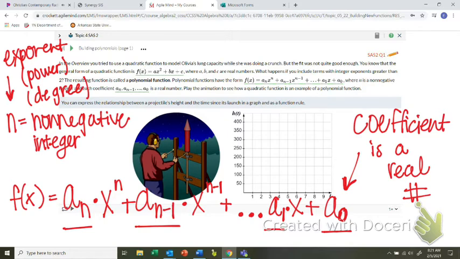Now, what do you notice? The a 0 does not have anything attached. It doesn't have anything to multiply by. It doesn't have a multiplication sign. It doesn't have an x, and it doesn't have the power, the exponent. Okay?